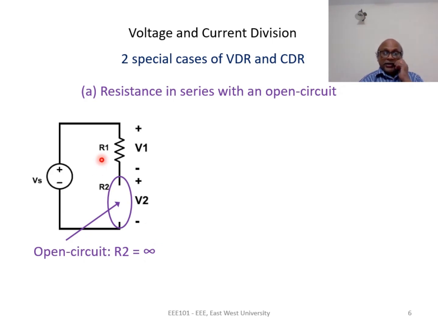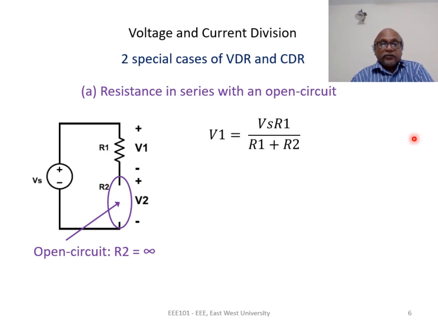So let's apply voltage divider rule to this situation to calculate V1. V1 is, we know, Vs R1 divided by R1 plus R2. But now R2 is infinity. Vs is finite, R1 is finite. In the denominator, R2 is infinity. So the result is 0.